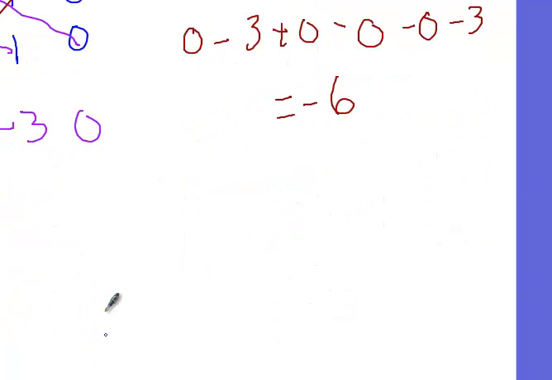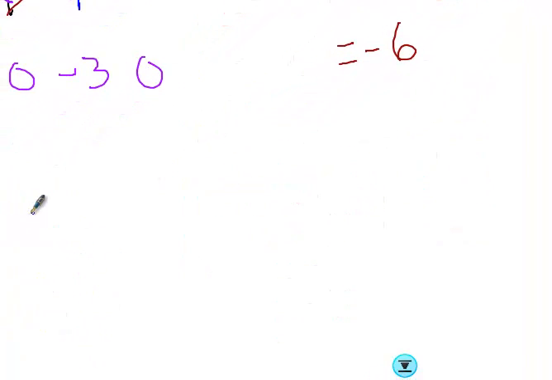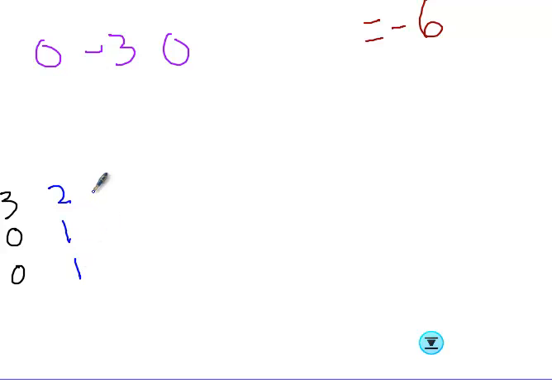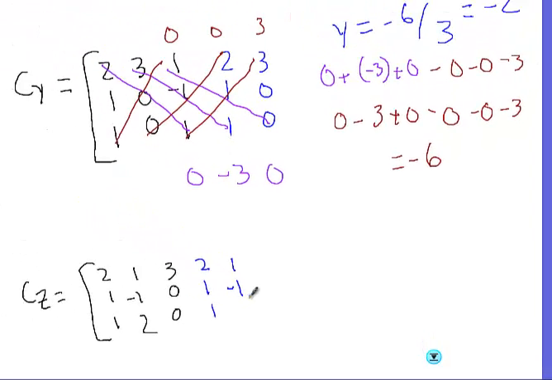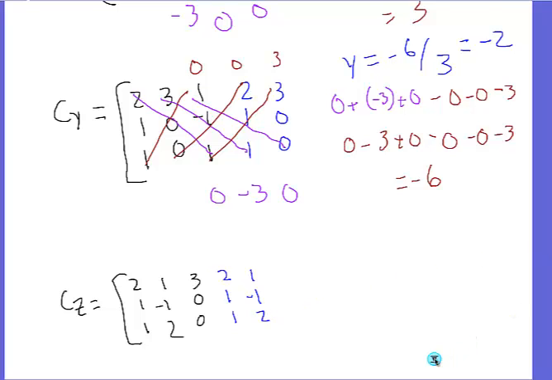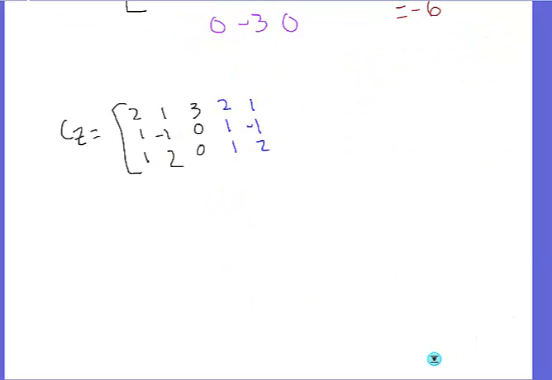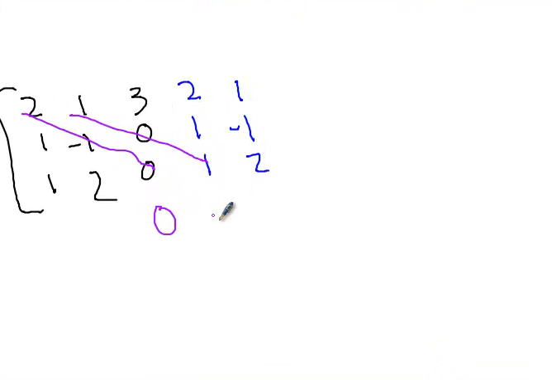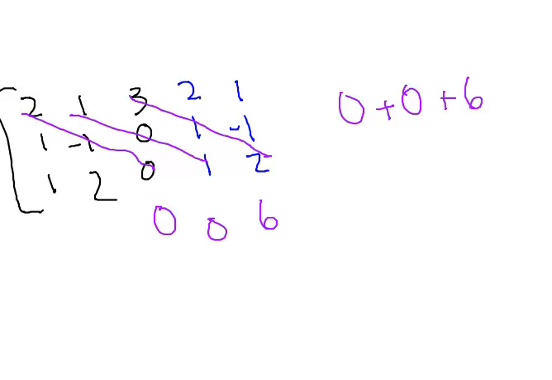Okay, now we're going to find the z coordinate. So we take the determinant. Oops, that's supposed to be a positive one. Negative 1 and 2. Alright, so we're going to take our down diagonals. You get 0, down diagonal. You get 0, down diagonal. You get 6. So it's 0 plus 0 plus 6.